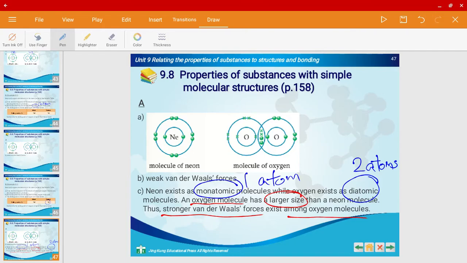Even though, generally speaking, van der Waals force is weak, when we're comparing between 2 simple molecular substances, we can compare which one has a stronger or weaker van der Waals force. The one that has a larger size would have stronger van der Waals force.